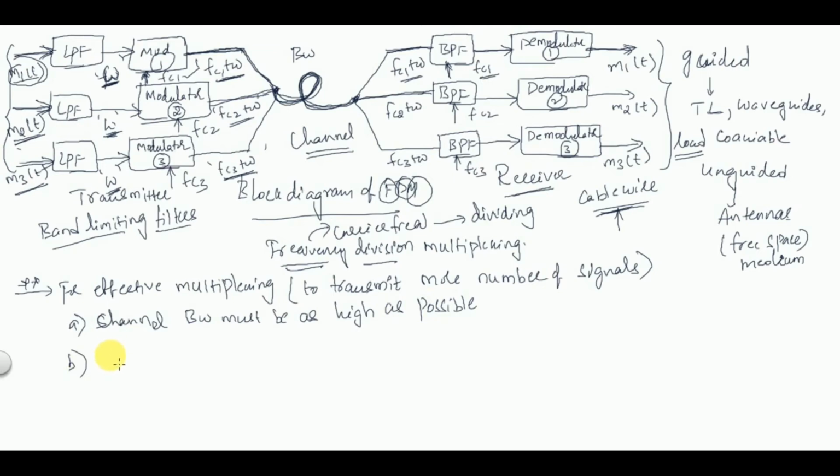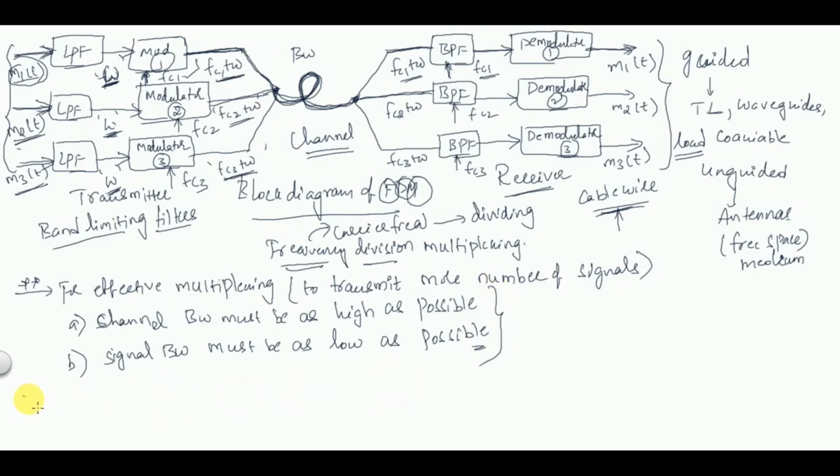And the second condition is that signal bandwidth must be as low as possible. Channel bandwidth must be as high as possible and signal bandwidth must be as low as possible. Then only can we multiplex more number of signals.